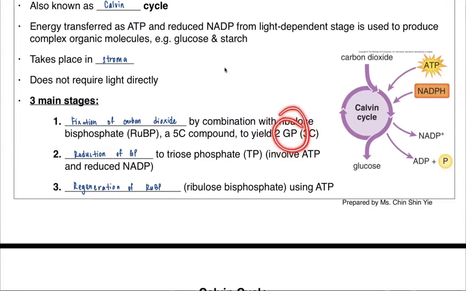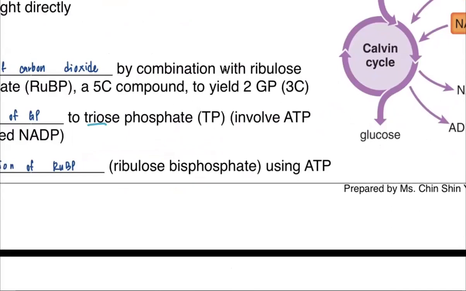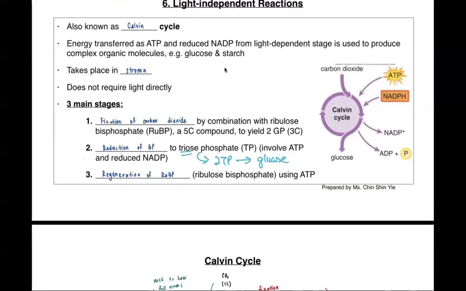This 3-carbon compound will be reduced eventually to produce triose phosphate, and something will also be regenerated. Triose means 3-carbon, and two triose phosphates will give you glucose. Of course, it's a cycle, so something needs to be regenerated, and that is RuBP. We'll talk about it in a minute.